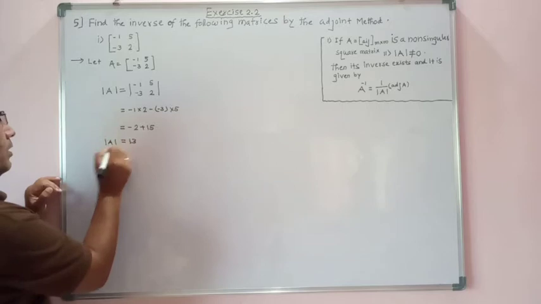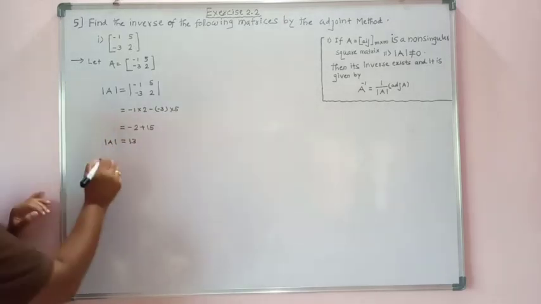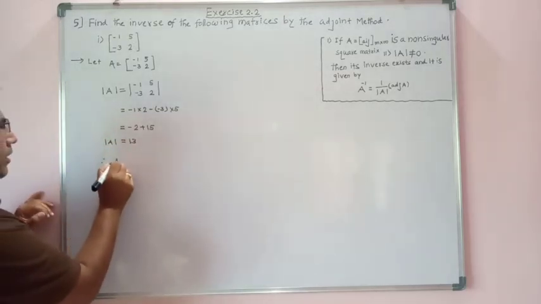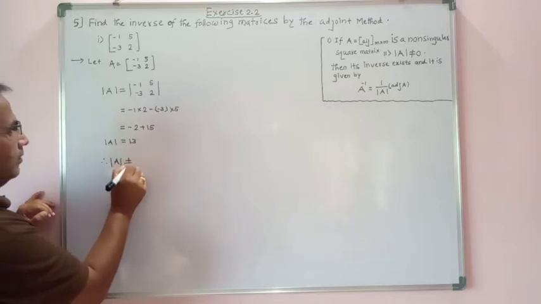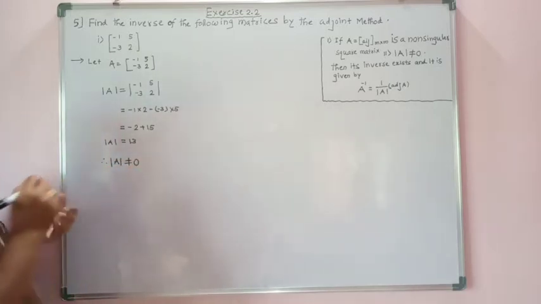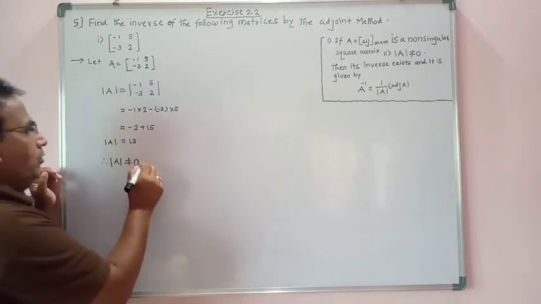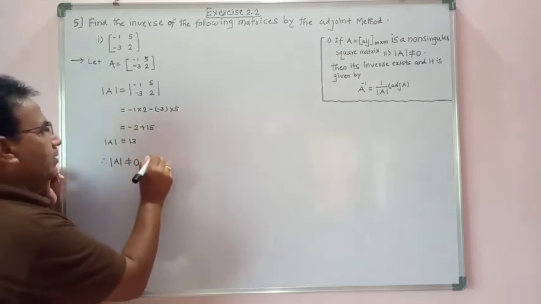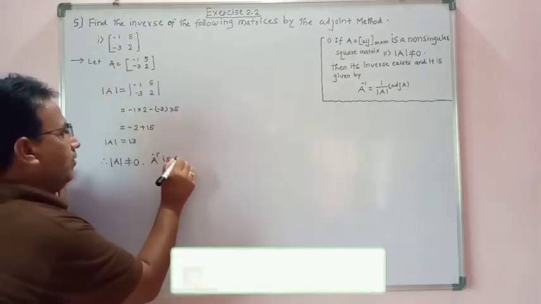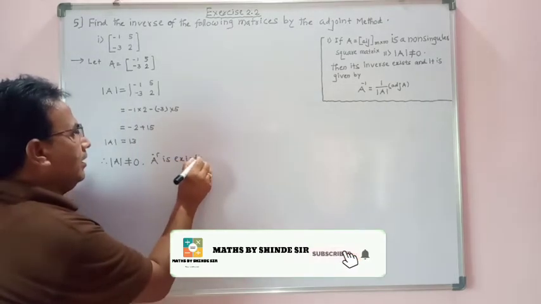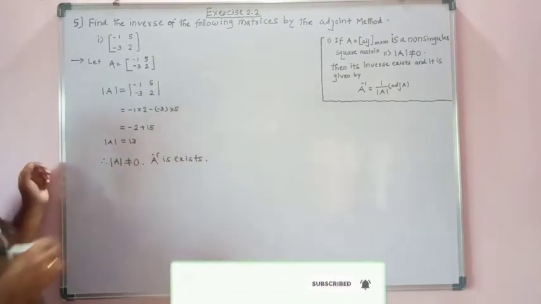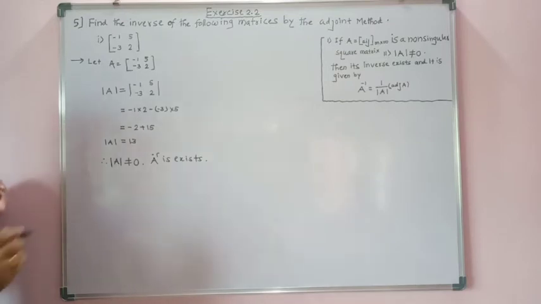Determinant A equal to 13. Therefore determinant A is not equal to 0, therefore A inverse exists.